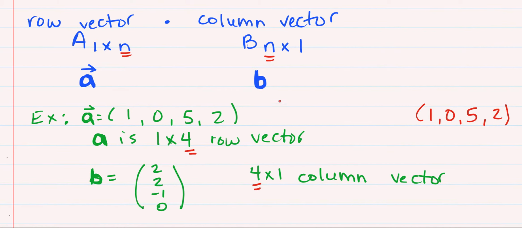So what you get when you multiply A times B is a matrix C, which is going to be 1 by 1. You take this number, and you're crossing out these two. So these two have to be the same, and then what you're left with is this 1 by 1 here. So that's how you multiply a row vector with a column vector.